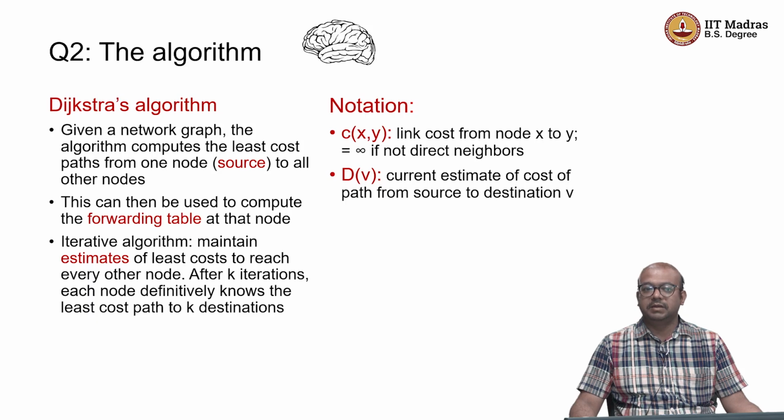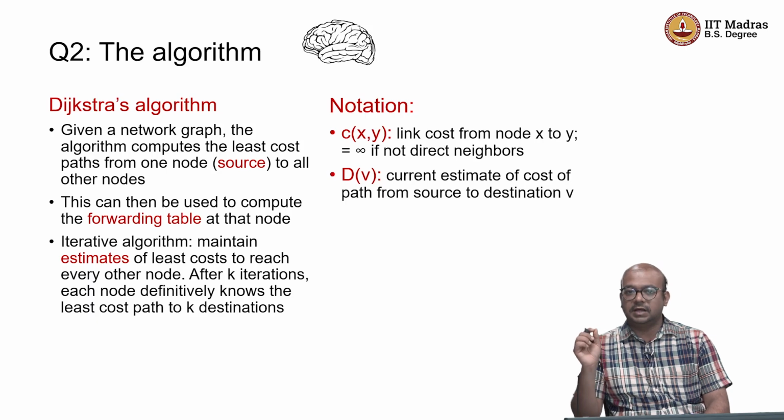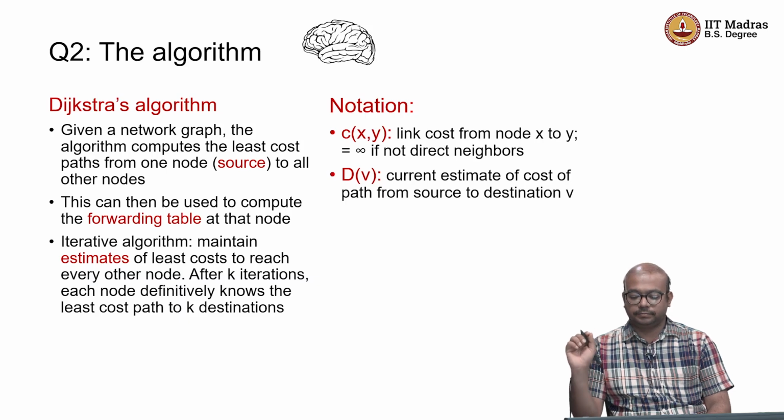So, we are trying to minimize this d(v), but in an intermediate step of the algorithm, we are going to have a current estimate of the cost. Okay. So, that is termed d(v). So, d(v) is the current estimate of the cost of the path from the source to the destination v.